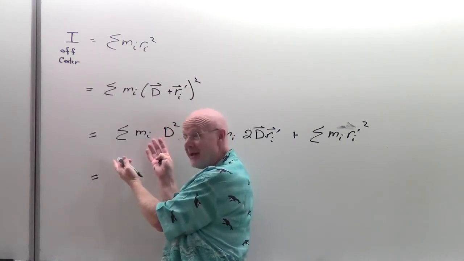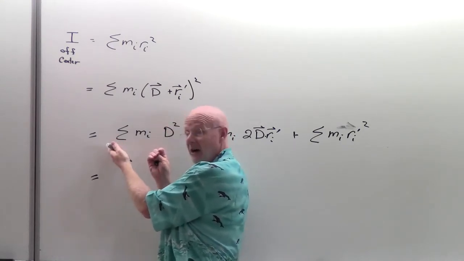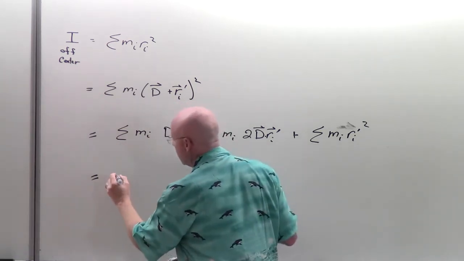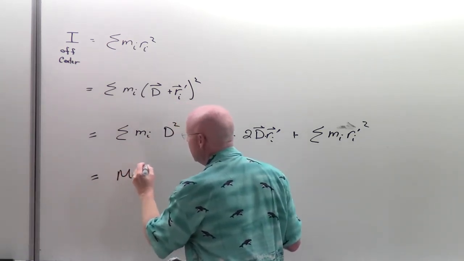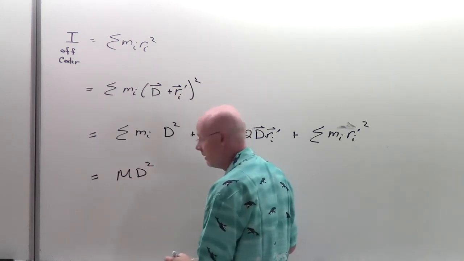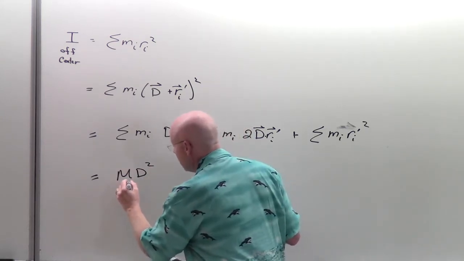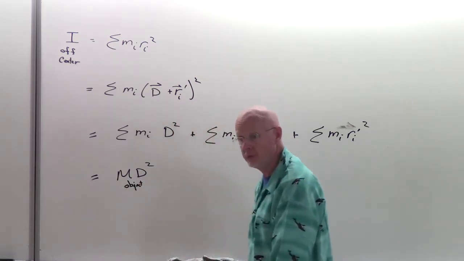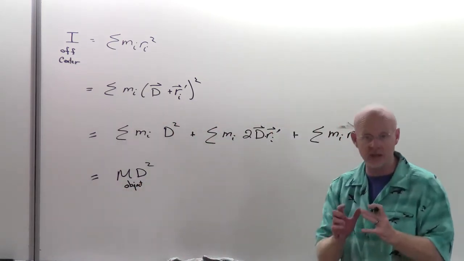That's just the total mass, right? This is the sum of the individual chunks. And so let me write it as m d squared, where the m is the mass of this entire object. Fair enough? That's what that one simplifies to.